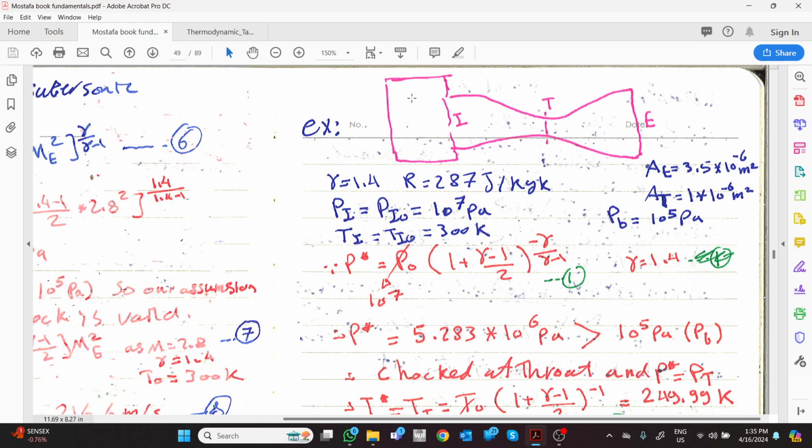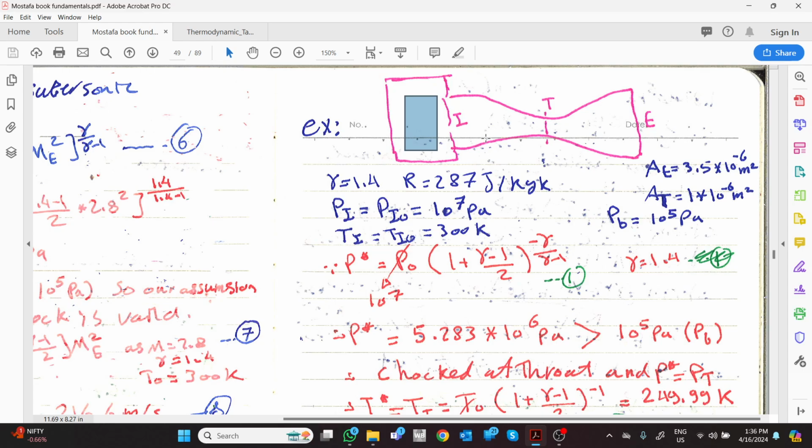We are given the area at the exit and the area at the throat, and also the back pressure. We are also given the stagnation pressure, which is the pressure of the reservoir, and the stagnation temperature. Assume the temperature is constant here, which is not going to change while the pressure is going lower. It is an assumption.